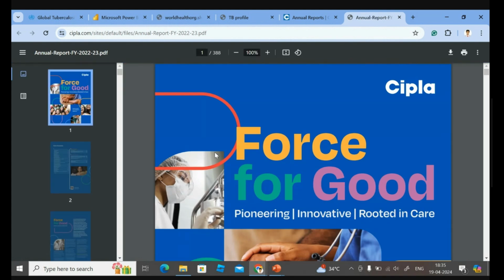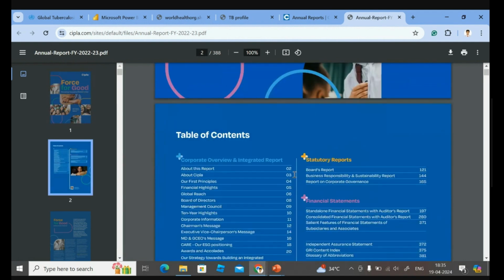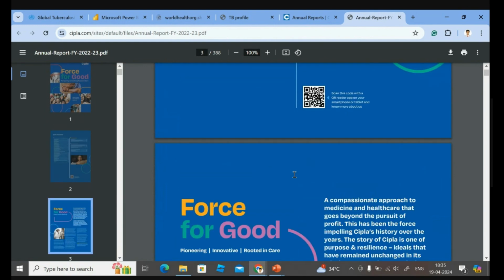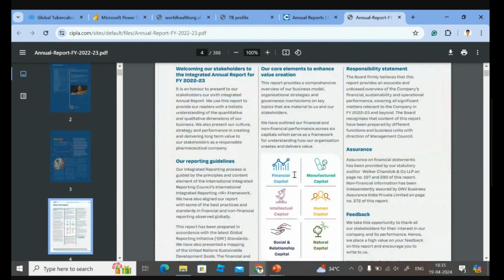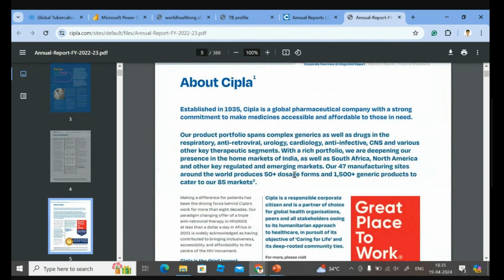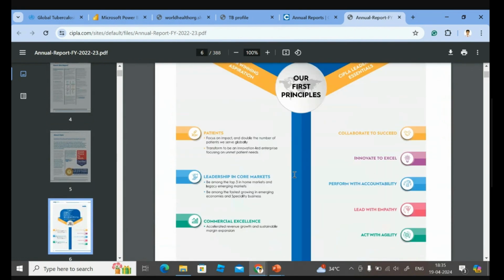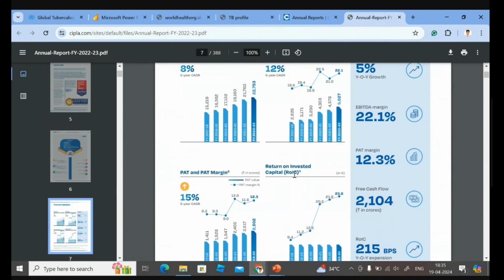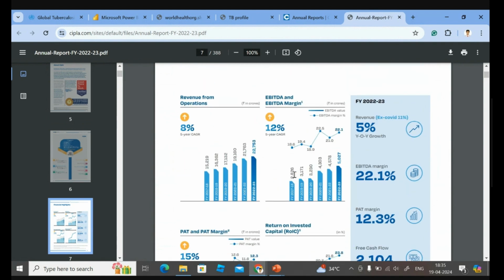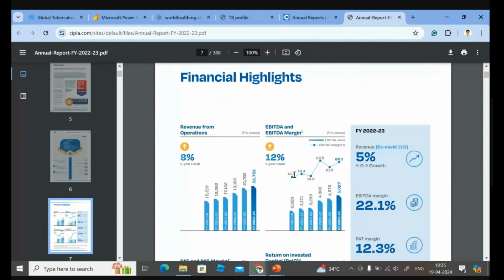Okay. Let's study. So, force for good: pioneering, innovative, and rooted in care. If that is their slogan, this is what it is. Annual report. Now, how beautifully they made it. Can you make out something from this data?